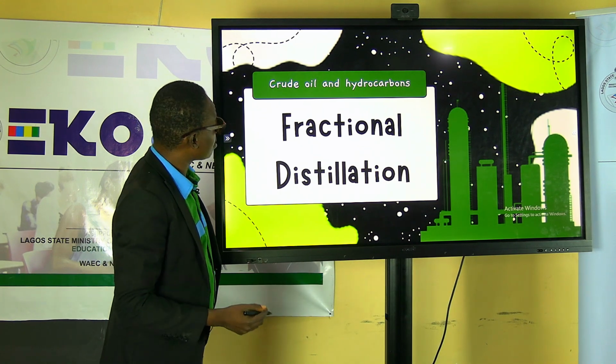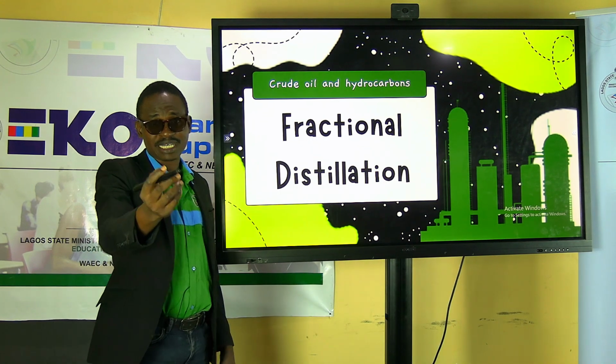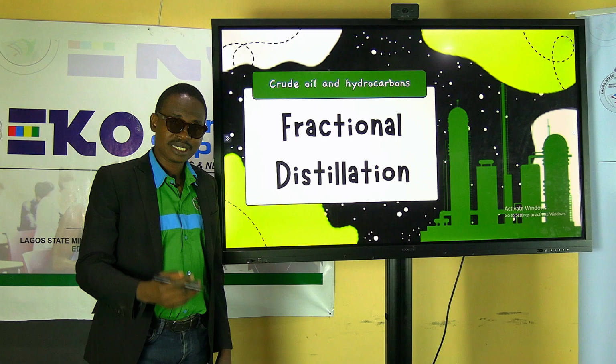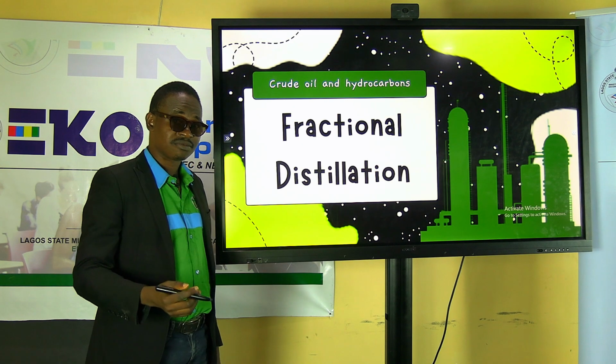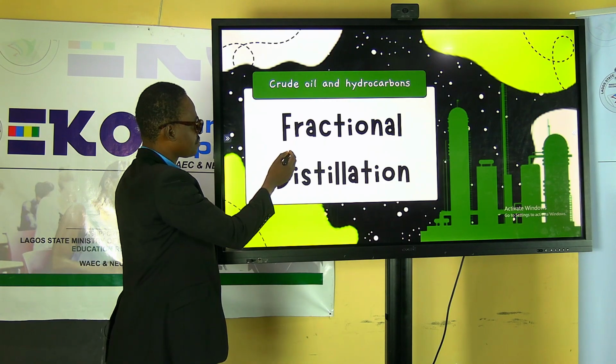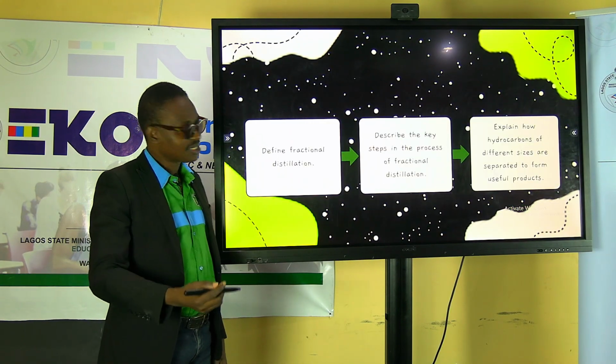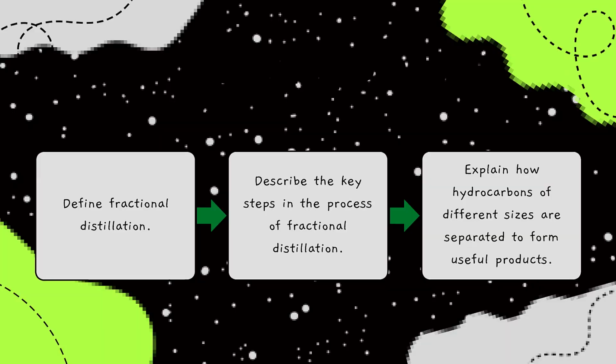What are we going to be discussing today? Basically, we call it fractional distillation, under crude oil and hydrocarbons precisely. What is going to be our objective for today's class? The first one will be to define what we call fractional distillation.